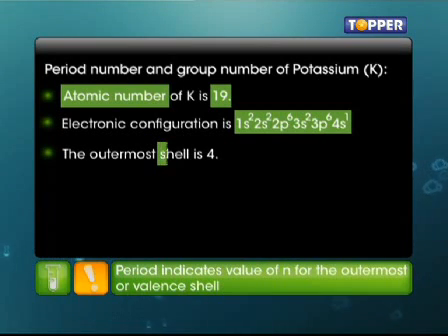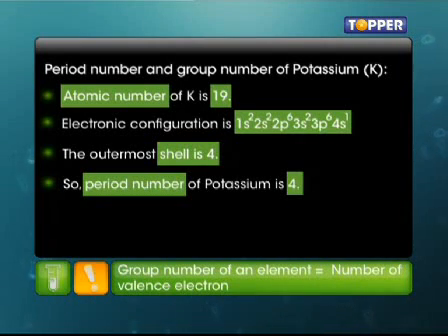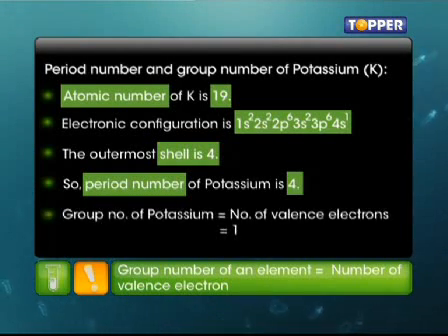The outermost shell is 4, so the period is 4. On the other hand, the group number of an element is equal to the number of valence electrons. In the given electronic configuration of potassium, the number of valence electrons is equal to 1, implying it belongs to group 1.